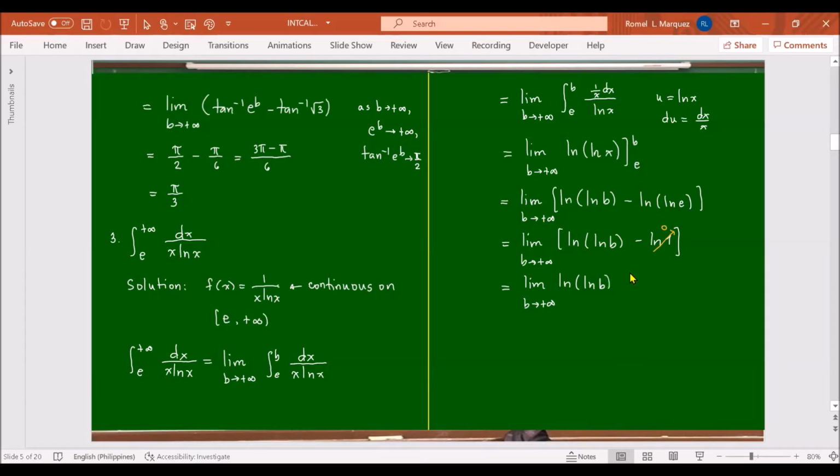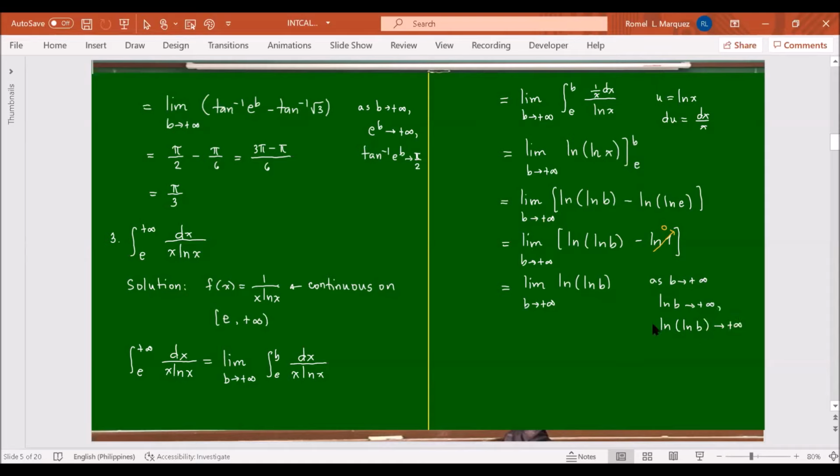Okay? So as b approaches positive infinity, ln b approaches positive infinity. So meaning ln b keeps on growing. And if ln b keeps growing, the ln of that keeps growing also. So ln of ln b approaches positive infinity.